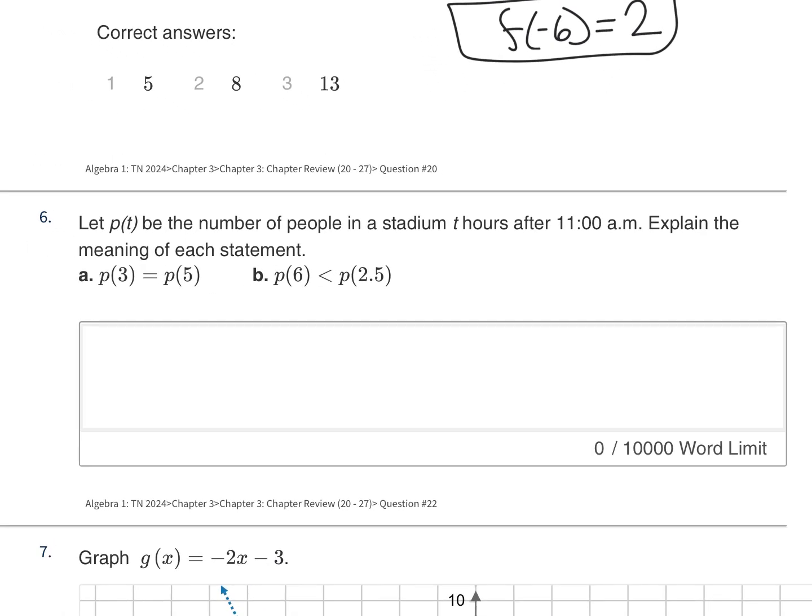So let P of t be the number of people in a stadium t hours after 11. Okay, so y is the number of people, t is the number of hours after 11. Explain the meaning of each. All right, so for A, it says that P of 3 equals P of 5.